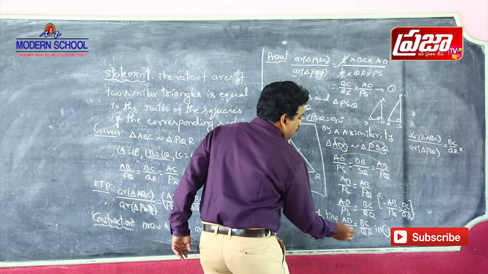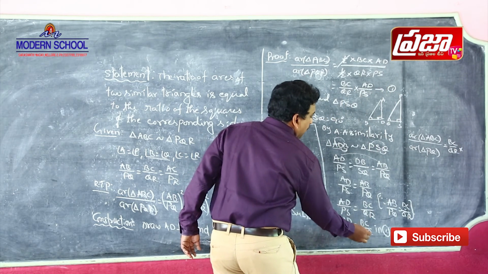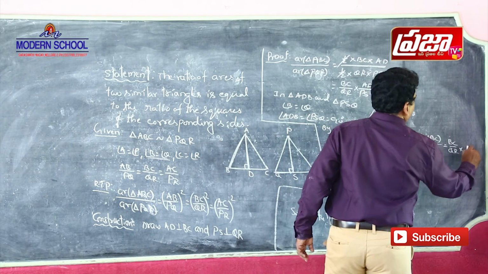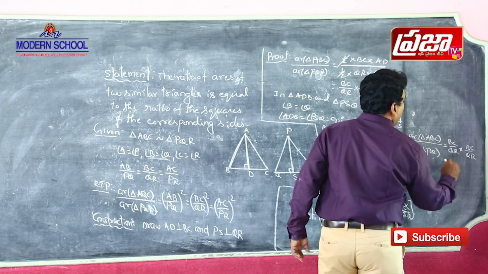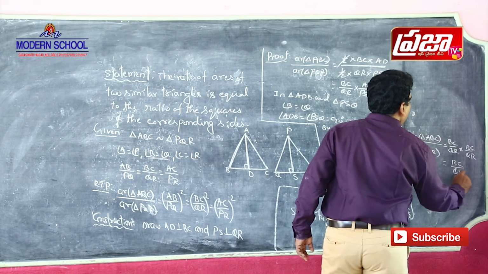In place of AD by PS I am substituting BC by QR. So BC by QR into BC by QR is BC by QR whole square.